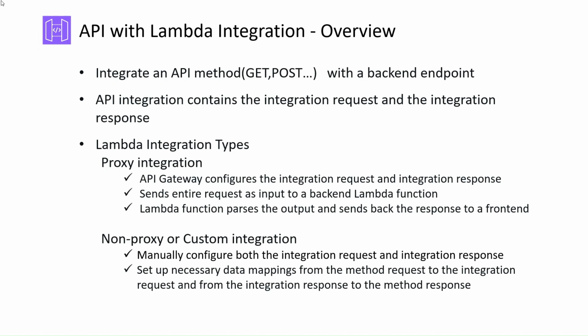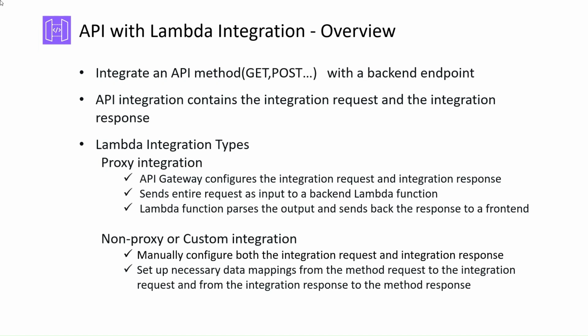The backend endpoint, also referred to as an integration endpoint, can be a Lambda function, HTTP web page, or an AWS service action. The API method has an integration request and an integration response.